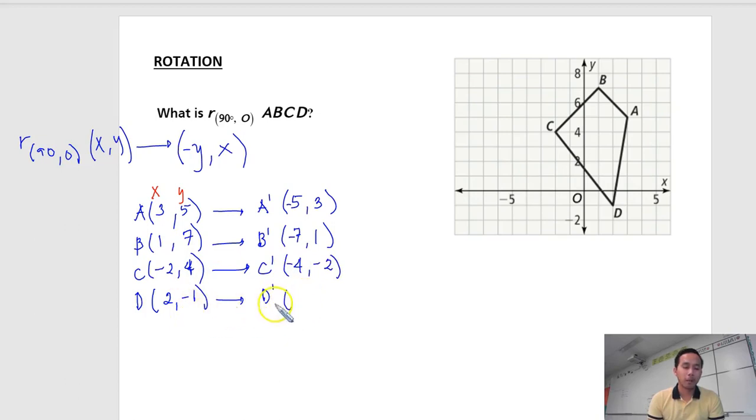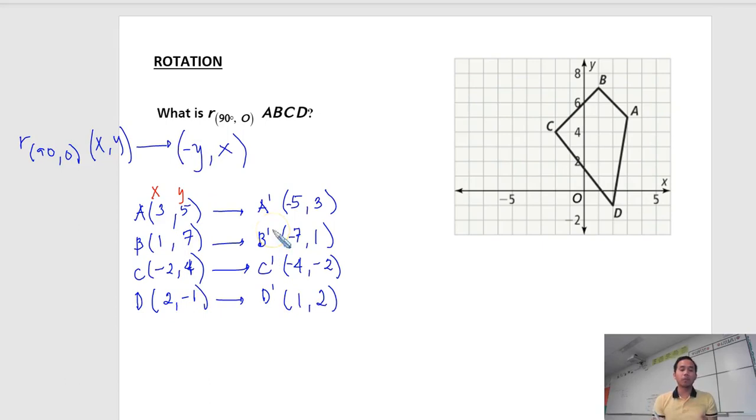Now flip, I have negative 1 and then 2. 2 will now be my new y, and take a look at your y here. That will be our new x, and it's negative, so you have to get the opposite. It will become positive 1, 2.